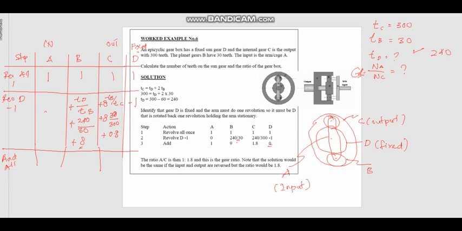Again, A is 0. So A does not rotate because it's independent. Then you add them up together, we have 1. 1 plus 8 is equal to 9. And then this is 1.8. And 1 plus minus 1 is equal to 0.